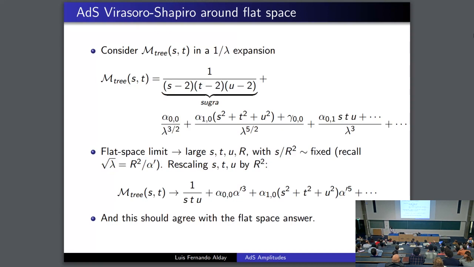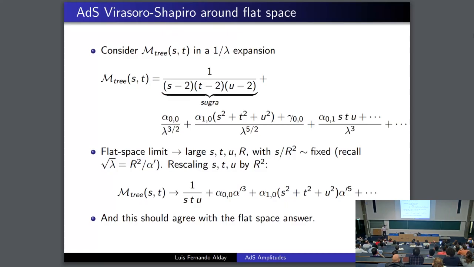So here, 1 over stu survives. Here, well, 1 survives. Here, only this quadratic term survives. Here, only the cube survives, etc. Okay? And what we expect is that these should precisely agree with the flat space answer, which is the usual Virasoro-Shapiro amplitude.